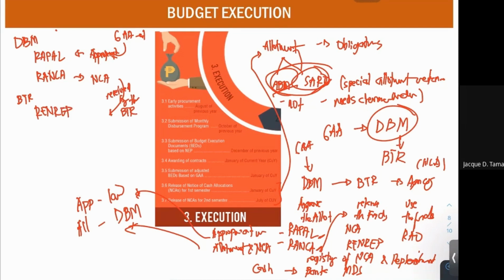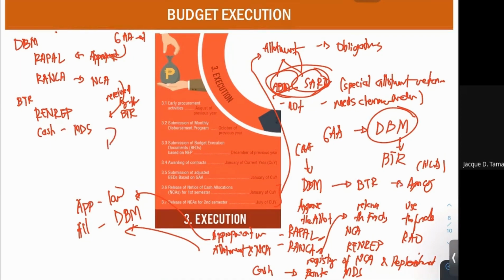What is your RENREP again? Registry of Notice of Cash Allocation and Replenishment. And then you will now record the release of cash to the appropriate disbursement system or your modified disbursement system. Now, this cash will be received by the agency.